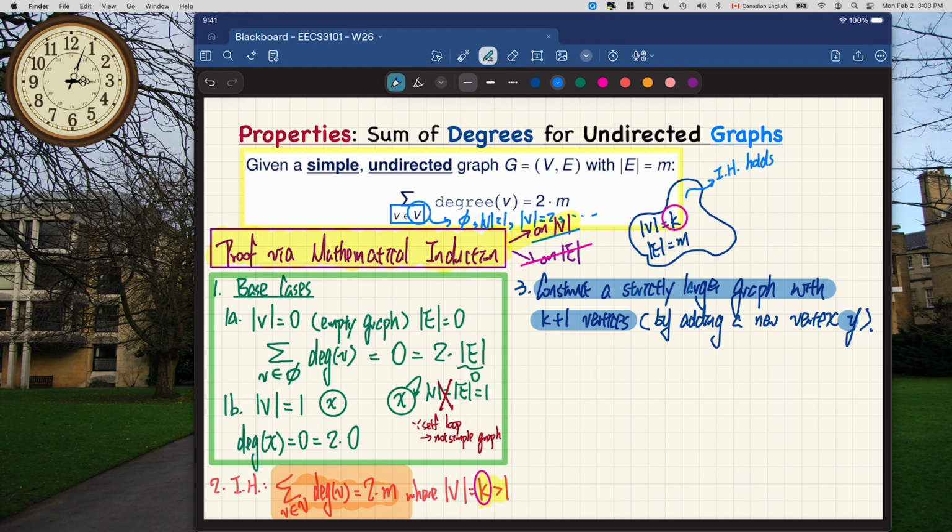Okay? Let me write it down again. So that means sigma v, capital V, the degree of V is exactly equal to 2 times n. All right? So this is what we know about a cloud.